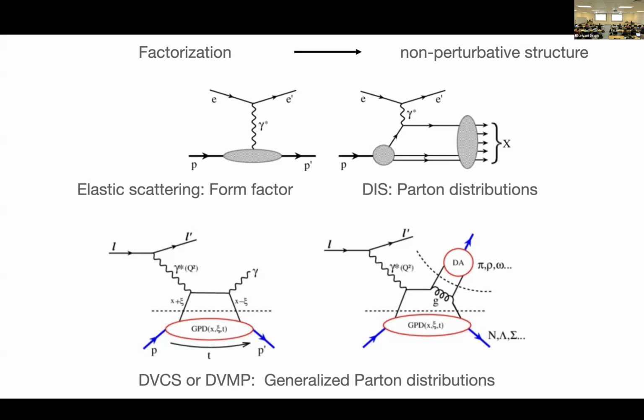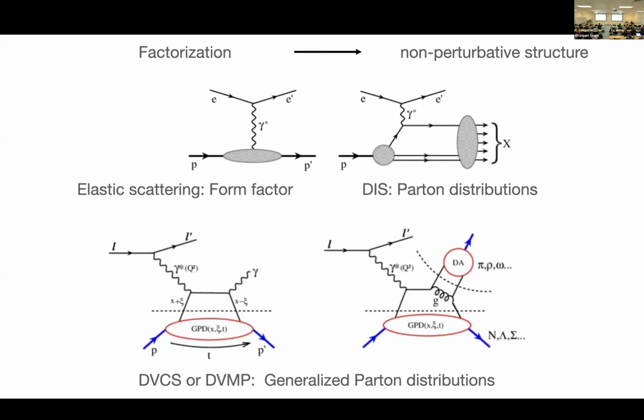And then when we go to the more complicated observables that arise in deeply virtual Compton scattering or deeply virtual meson production, which are experiments that can happen here at Jefferson Lab, you have, again, another factorization of this part of the diagram, where you can treat it perturbatively, and the lower part of the diagram, which is all the non-perturbative information, encoded in terms of these generalized parton distribution functions that are functions of the momentum fraction x, the longitudinal momentum transfer, and the total momentum transfer between the initial and the final state.